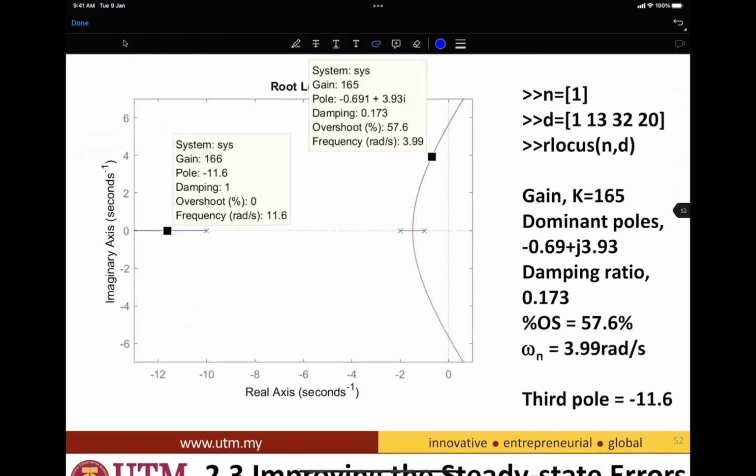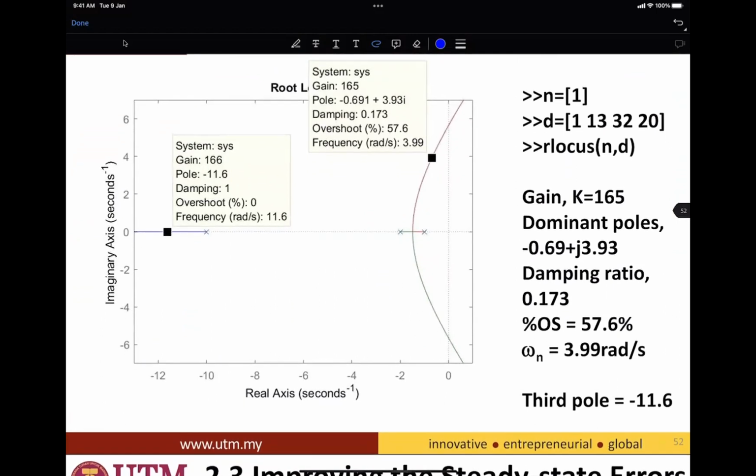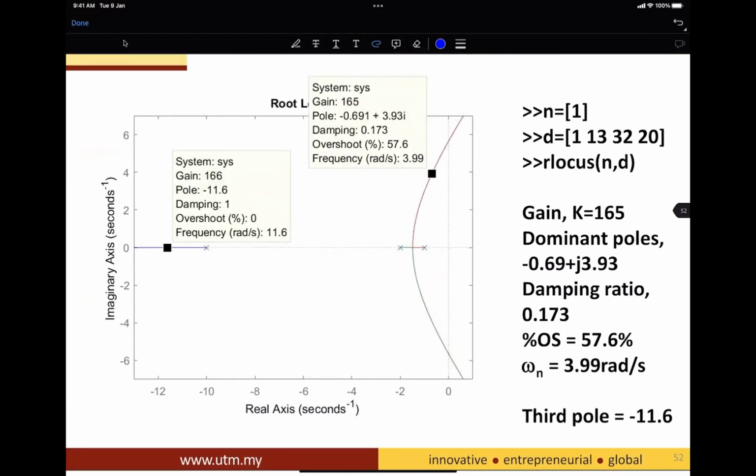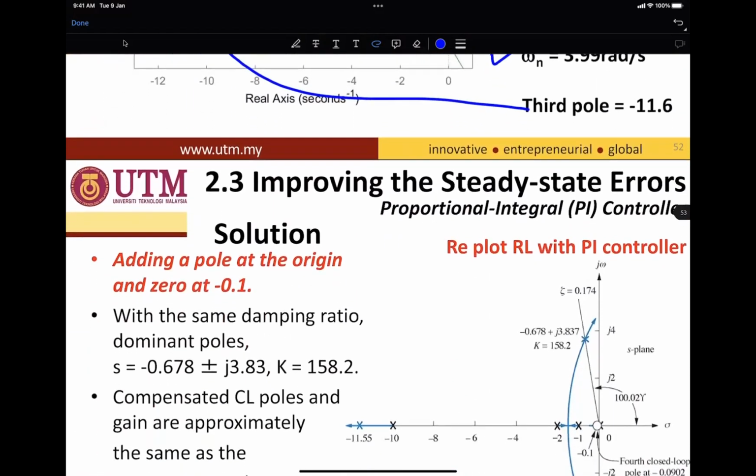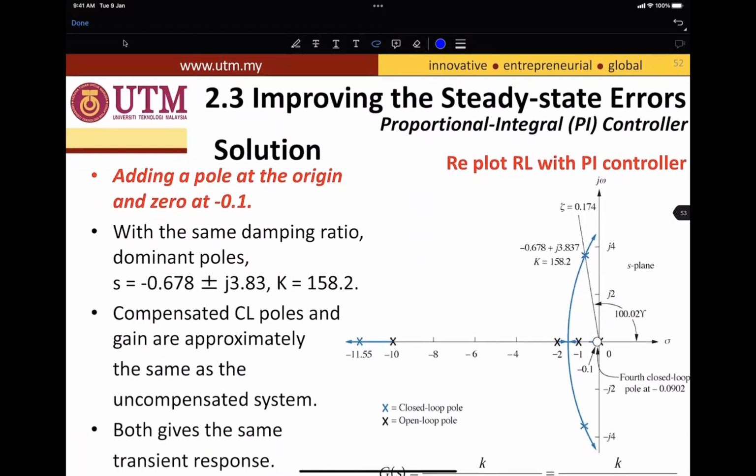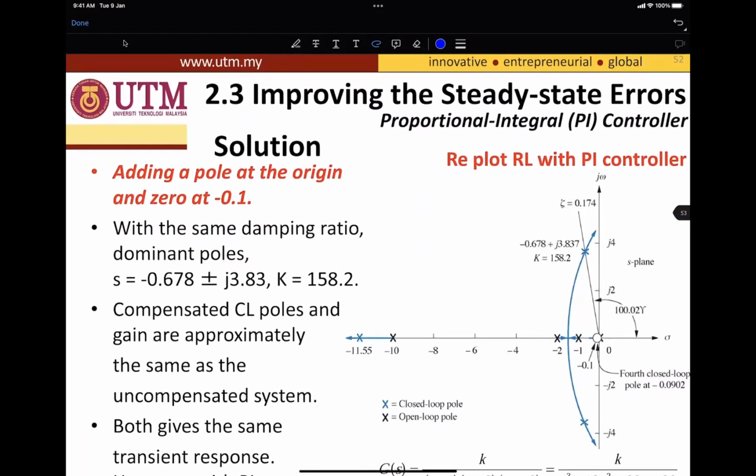All the details are in the MATLAB shown here. The gain is here, dominant pole is there, damping ratio, overshoot, omega n, and of course the third pole, which is located over there. So what is the PI controller? We just add a zero.